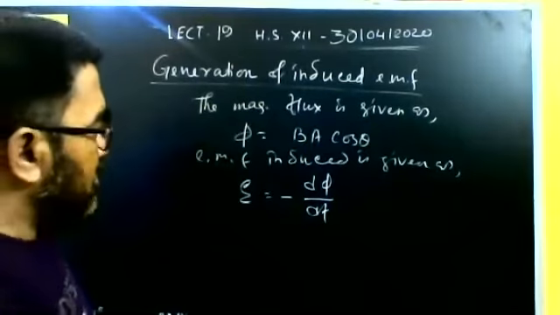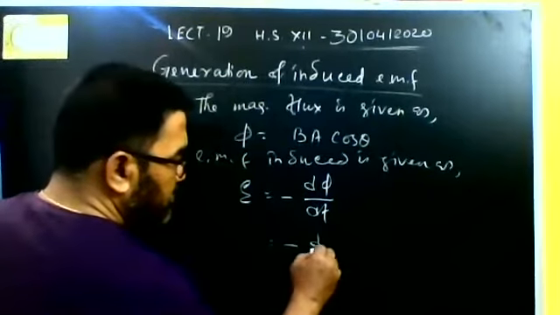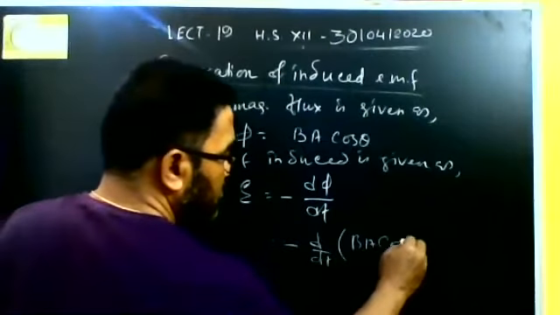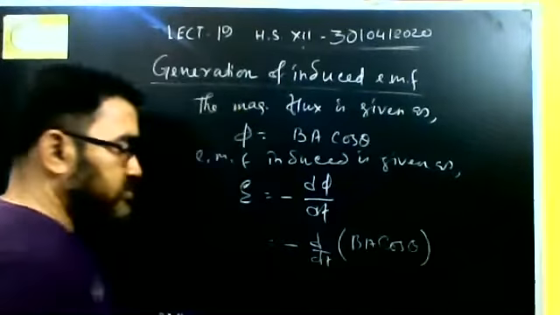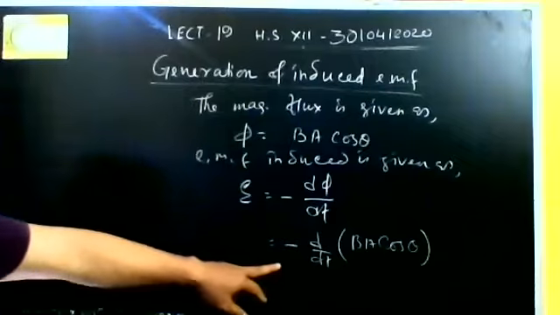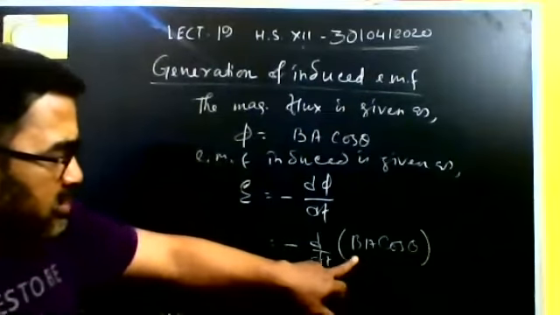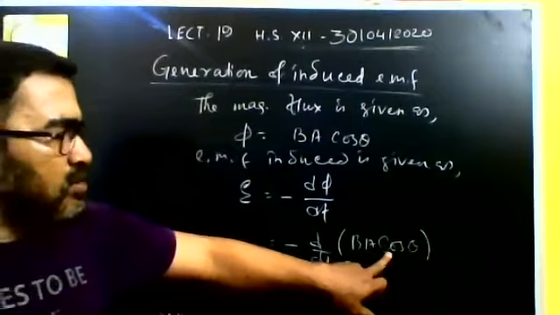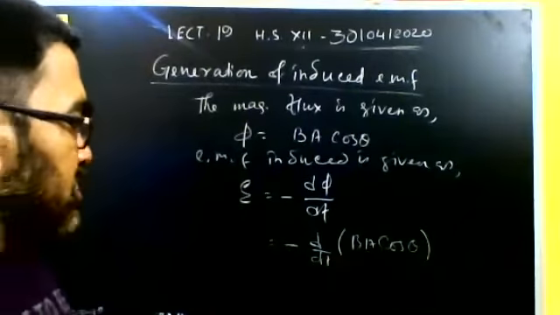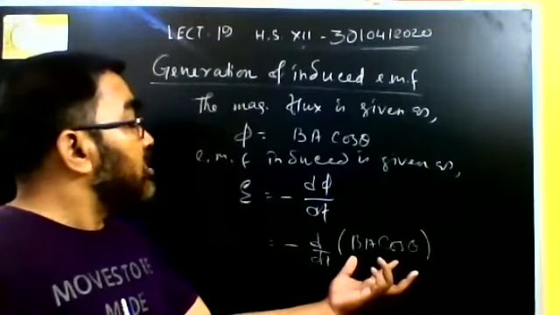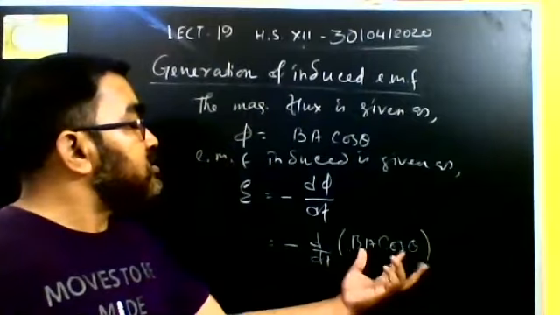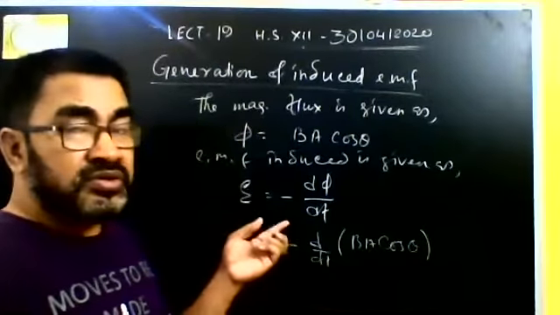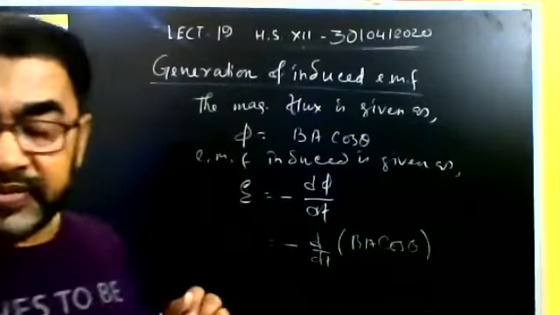So if you put the value of phi here, B A cos theta, that is the changing parameter. So by changing all these quantities B, A and theta, you can produce EMF.